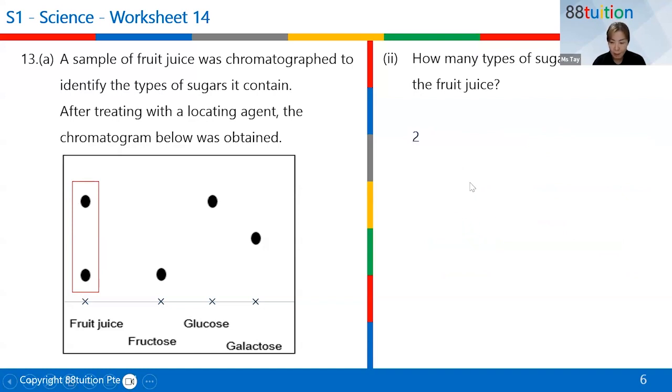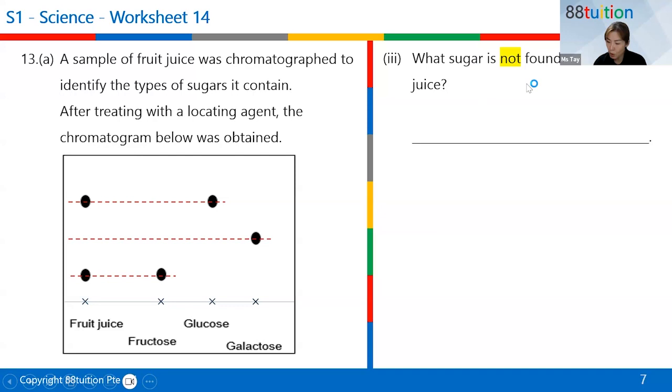All right. Next question, which sugar is not found in the fruit juice? So the method for you to get this answer is to make sure you're drawing straight lines using your ruler. Sometimes the spots can be quite close and you might accidentally assume that they're actually traveling the same distance. So you use a ruler to draw a very horizontal line. Make sure you get the correct line being drawn.